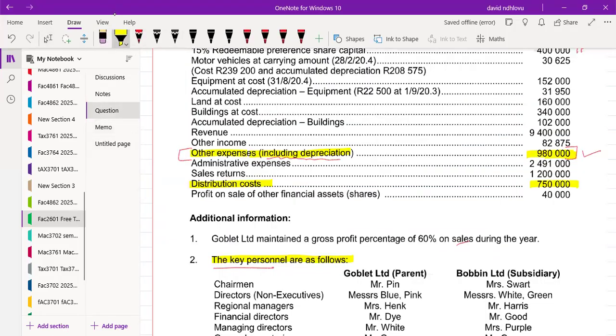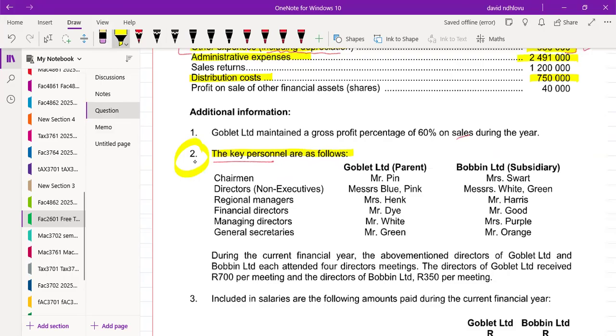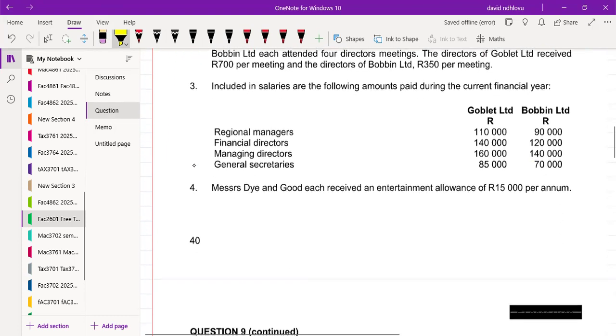Again, we have the administration expenses. The figure is 2491. Is there a disclosure in the notes? The administration expense will encompass this note, which is information concerning the directors of the company, what they were paid, and the other perks that they got from the entity. It will also include a breakdown of the salaries specifically paid to the directors.